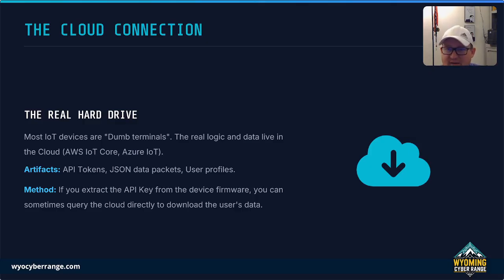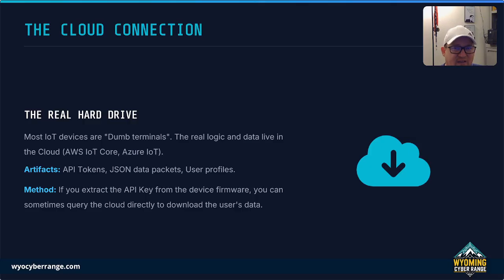And the key artifacts on these devices could be the API tokens or the JSON data packets. The advanced method here is to extract the API key from the device firmware and then use that key to query the cloud service directly and download the user's complete historical data.